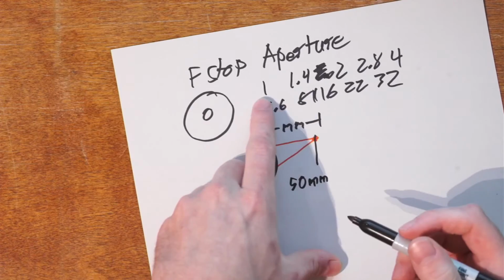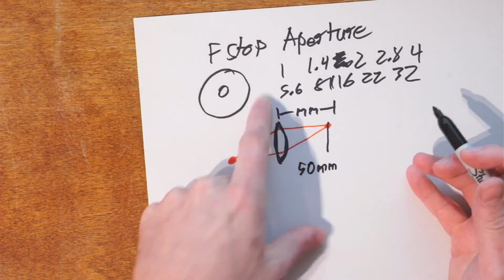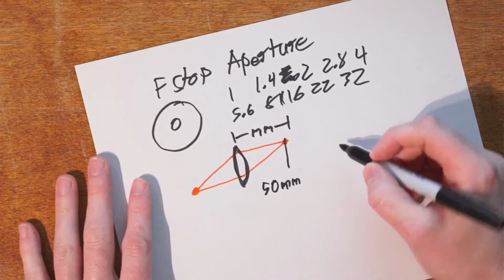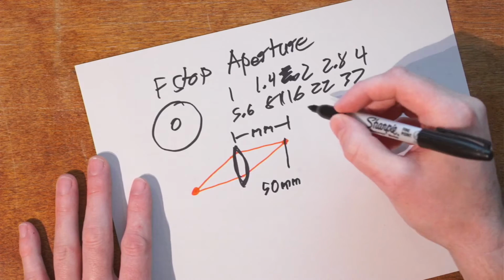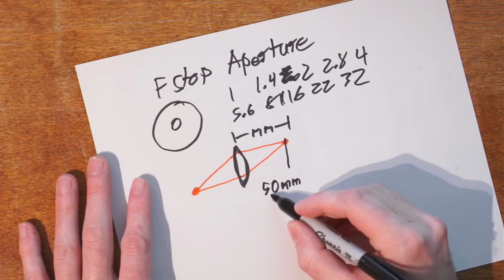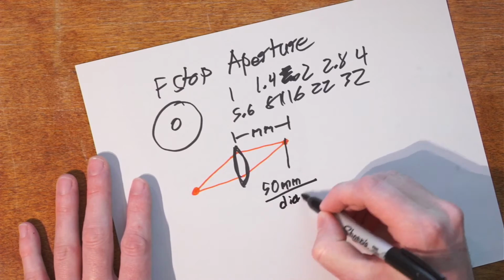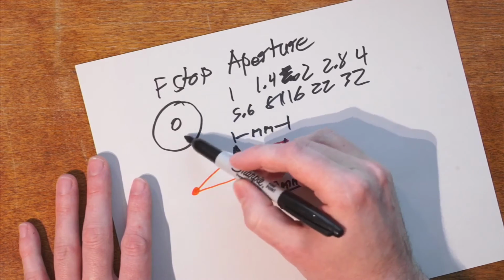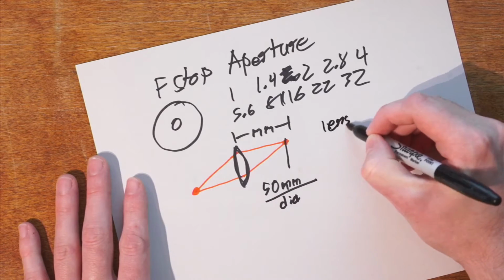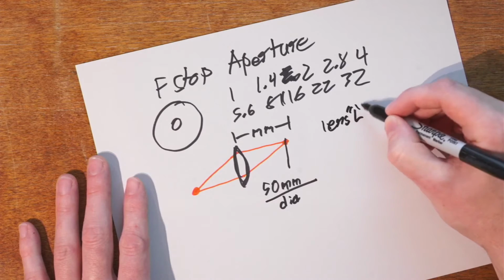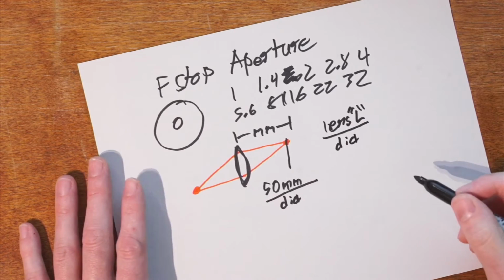Now, I'm going to show you how this happens. If we want to determine these values, what we do is we take 50 millimeters. So we have this value divided by the diameter of the aperture. So it's the lens length, in quotes, divided by the diameter of the aperture.